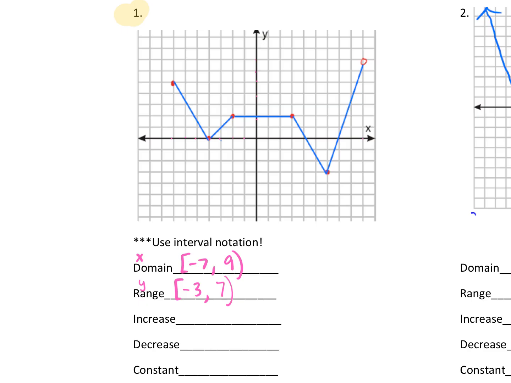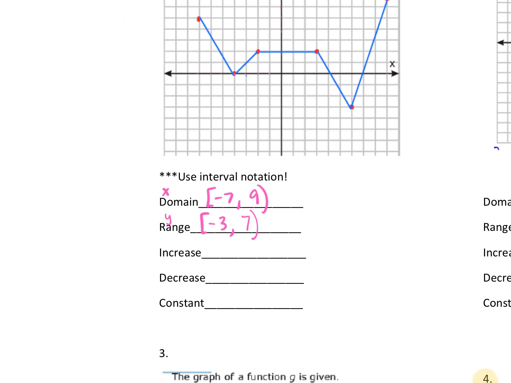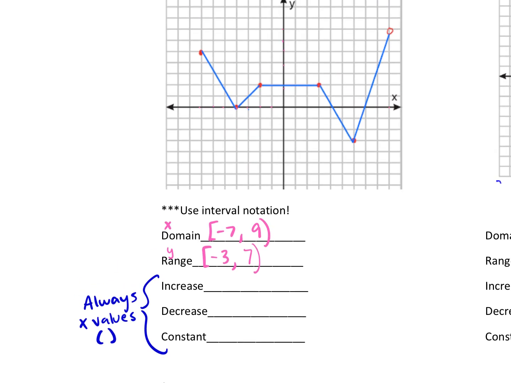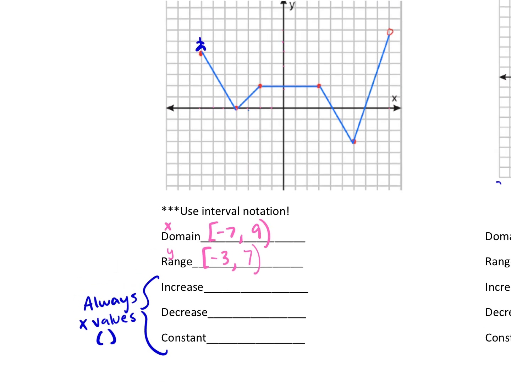Now let's figure out where we're increasing, decreasing, and constant. Remember, these are always x values and always parentheses. So starting at the left side of our graph, we're walking downhill.